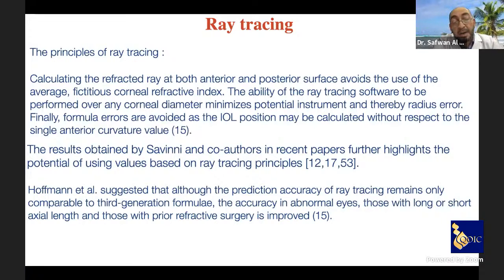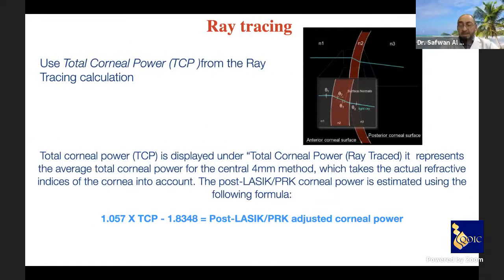The results obtained by Savini and co-authors in a recent paper further highlight the potential of using values based on ray tracing principles. Hoffmann suggests that although the prediction accuracy of ray tracing remains only comparable to third-generation formulas, the accuracy in abnormal eyes, those with a long or short axial length, as Reina said, and those with prior refractive surgery, is improved. And that's the principle of ray trace.